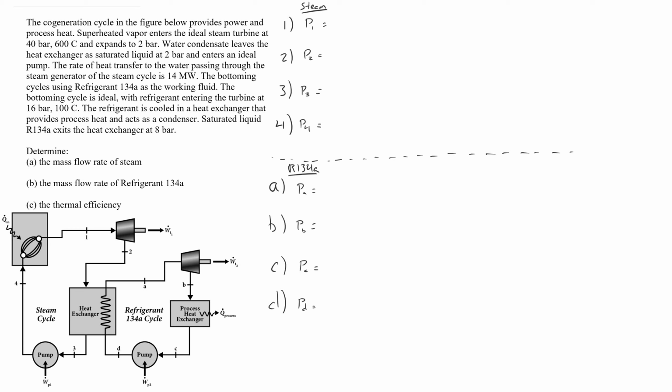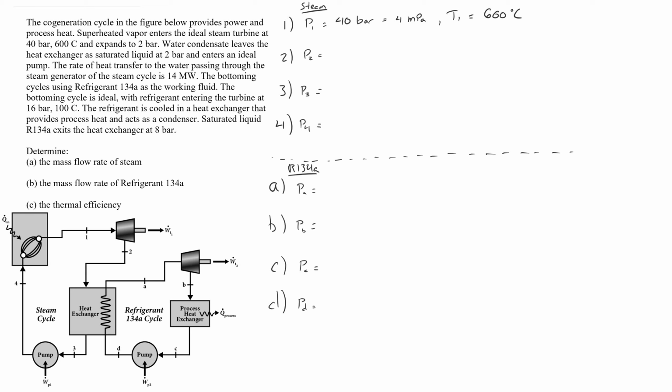So we know that pressure 1 is 40 bar, or 4 MPa, and that the temperature at 1 of that steam entering the turbine is 600 degrees C. And it expands to 2 bar, which is going to be the pressure at 2 and 3.